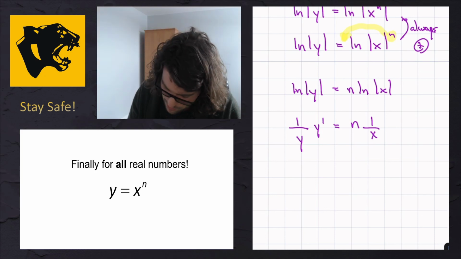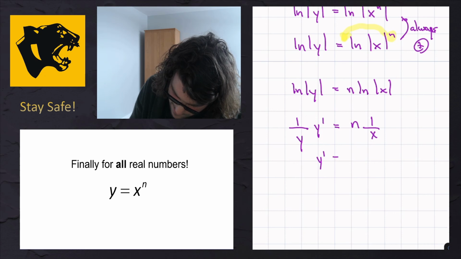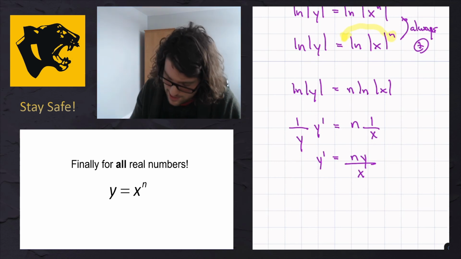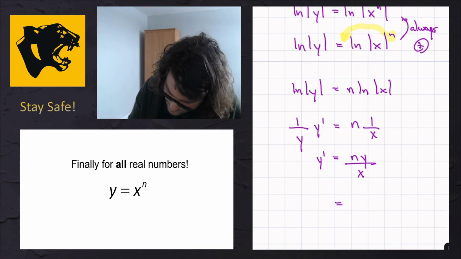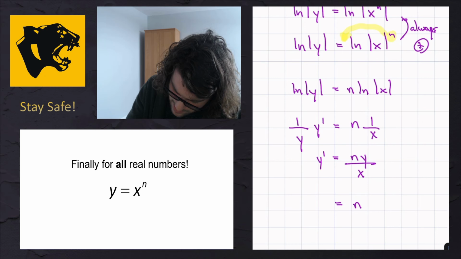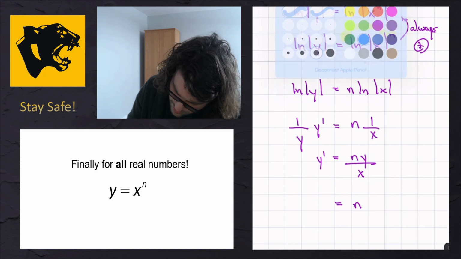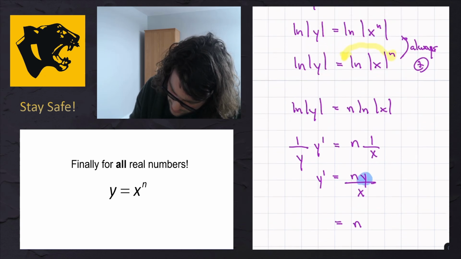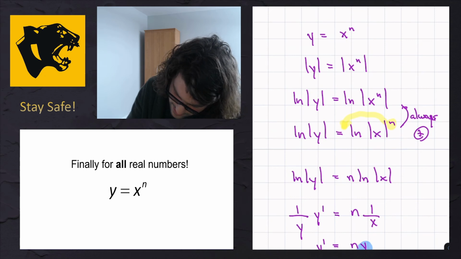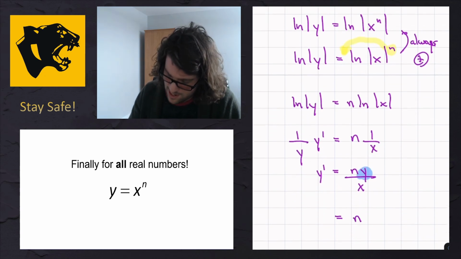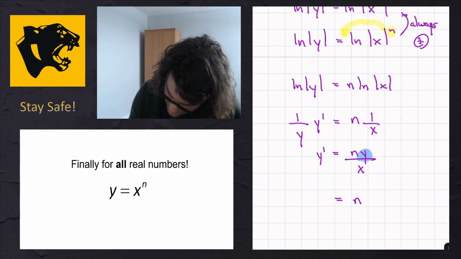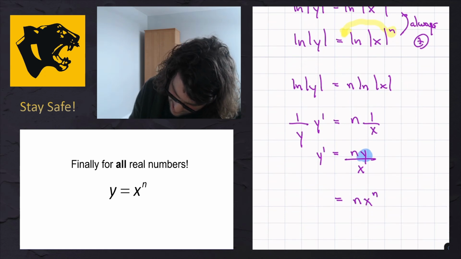Now, we can say then that the y prime is equal to n, multiply the y up onto the other side, divided by x, which gives us in the end n, and our y is actually, if we go all the way up here, y is equal to x to the n. So I can write that instead as x to the n all over x.